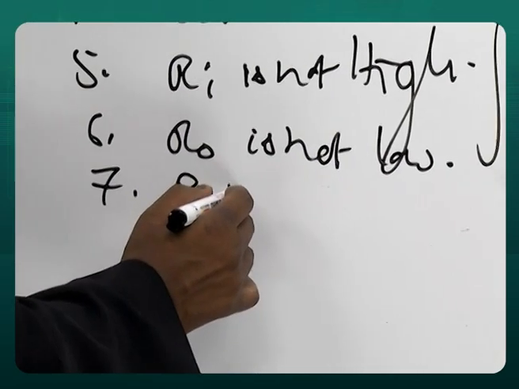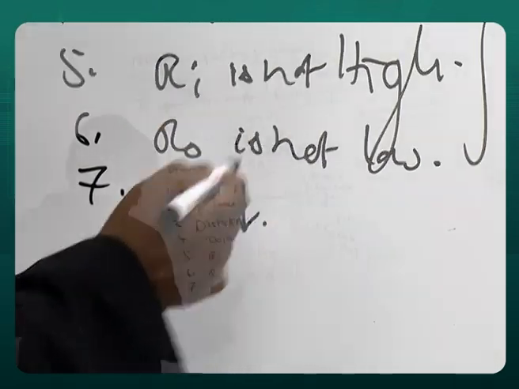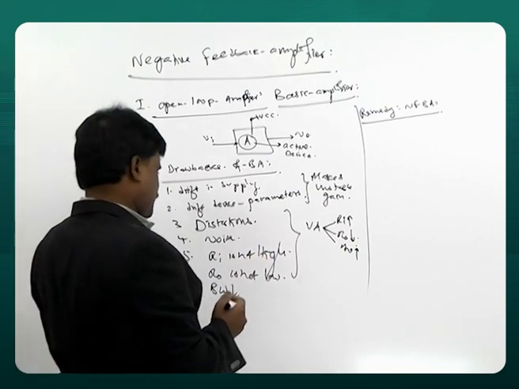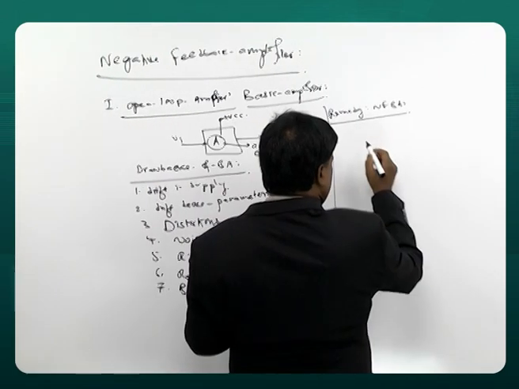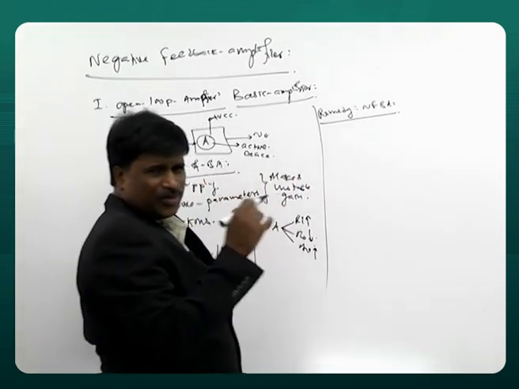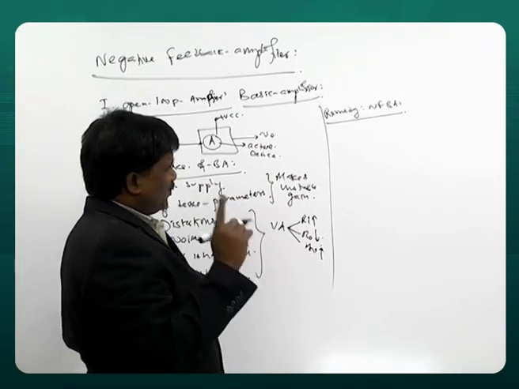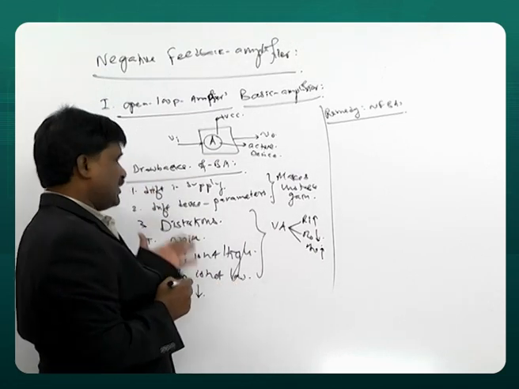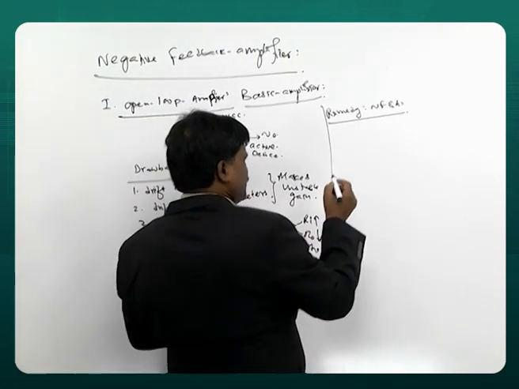Bandwidth is less. In fact, bandwidth should be higher. How to solve them? One good news is all problems are solved with one single remedy. Not that some of them are solved by this and others by that, all are solved by that.